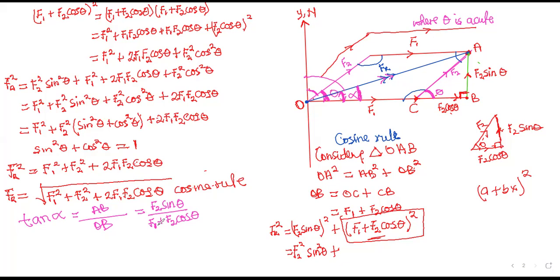So use the bigger right angle triangle. We are using triangle OAB. So if you are looking for this angle, then the opposite is AB over the adjacent, which is OB. Frank, are you okay? Yes, sir.